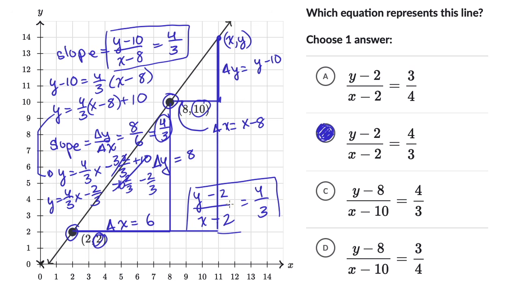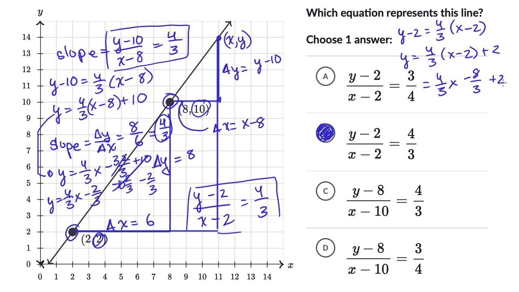Now let me do it with this part here. If I multiply both sides of this equation by x minus 2, I get y minus 2 is equal to 4/3 times x minus 2. Add 2 to both sides. I get y is equal to 4/3 times x minus 2, plus 2. Distribute this 4/3. That's equal to 4/3 x, and then 4/3 times negative 2 is negative 8/3, plus 2.